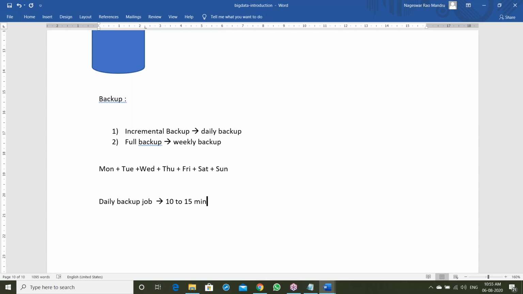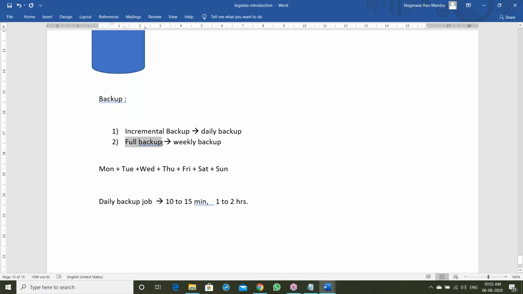That is for small data. If it is big data, a backup may take 1 to 2 hours. Small data means 10 to 15 minutes is enough; big data requires 1 to 2 hours. That is the daily backup.